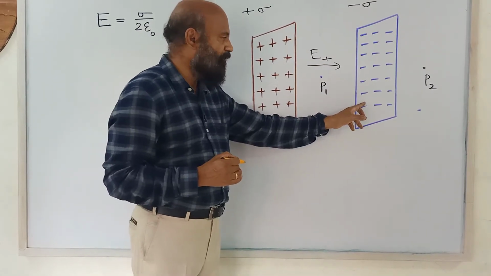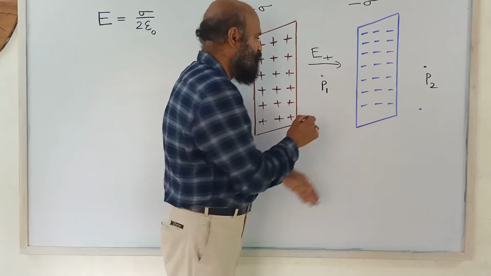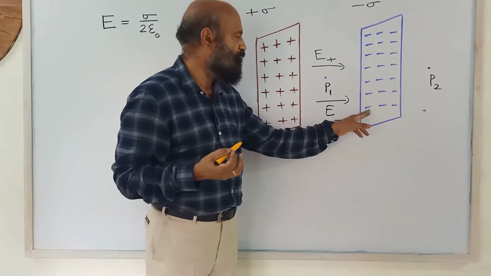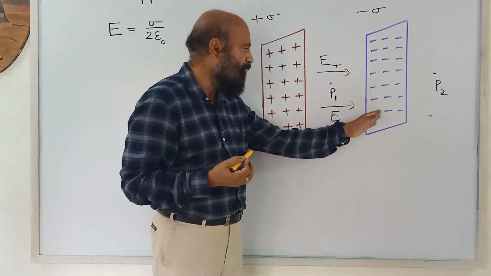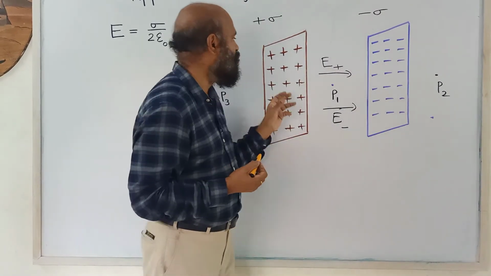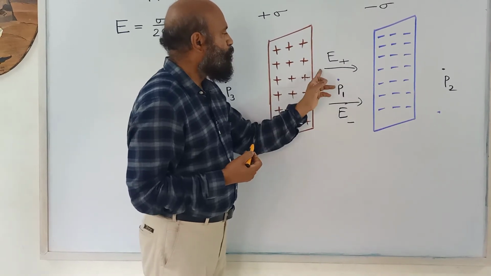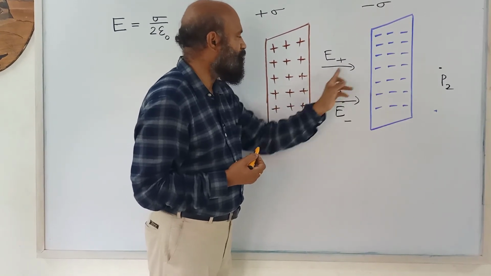For the negative charge, it is directed towards. So E minus, due to negative charge, is directed towards the sheet. For a positive charge, it is directed away.